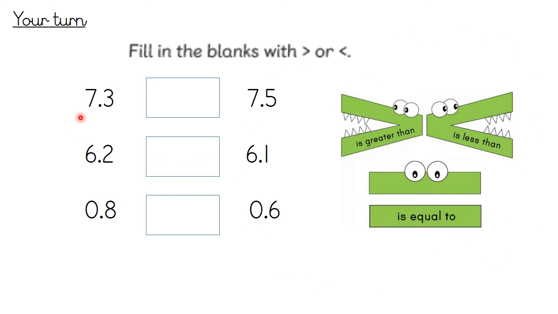So, you have 7.3 and 7.5, 6.2 and 6.1, 0.8 and 0.6. And you just simply have to tell me which number is greater than which number, or which is less than which number, using the symbols. So, pause the video here and then come back and we will have a look.